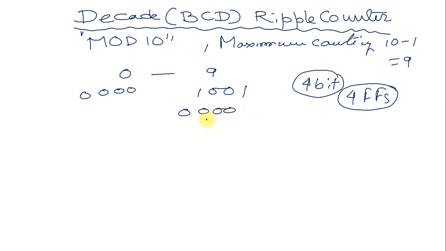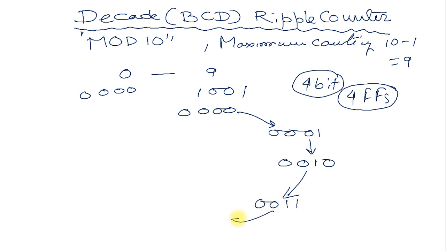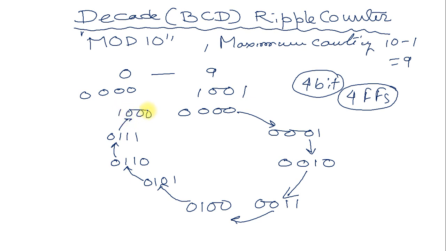So 0 0 0 0, then 0 0 0 1, 0 0 1 0, 0 0 1 1, 0 1 0 0, 0 1 0 1, 0 1 1 0, 0 1 1 1, 1 0 0 0, and 1 0 0 1.